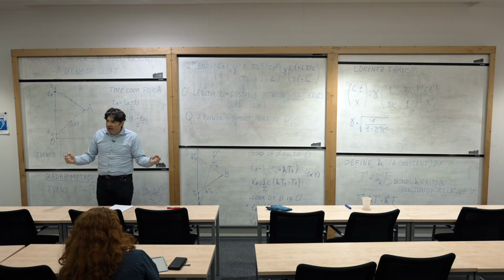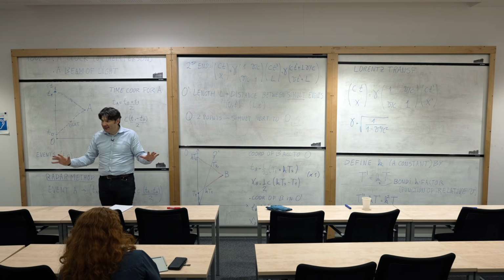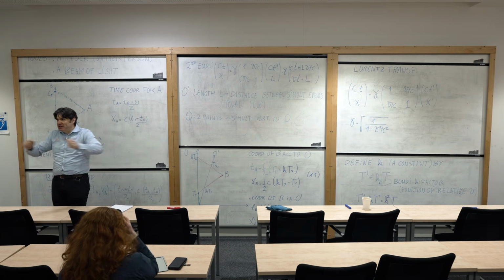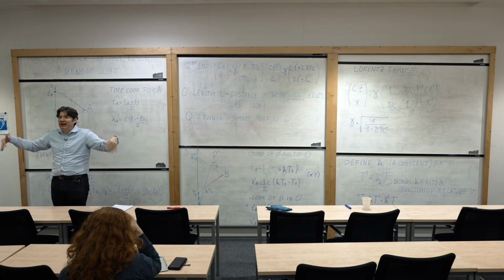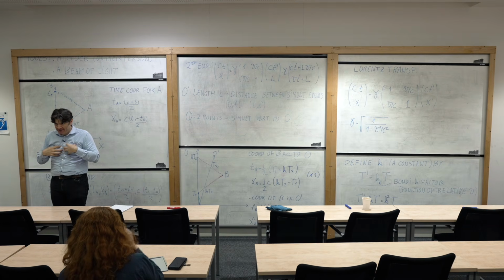But for O, the two events have to be simultaneous with respect to O. Is that clear? That's the way you measure length. It's the distance between two simultaneous events for you.